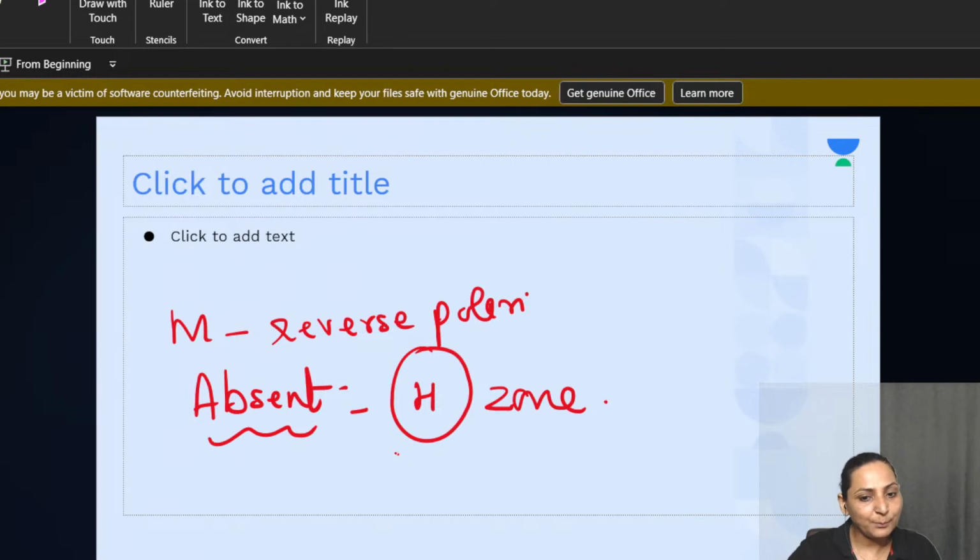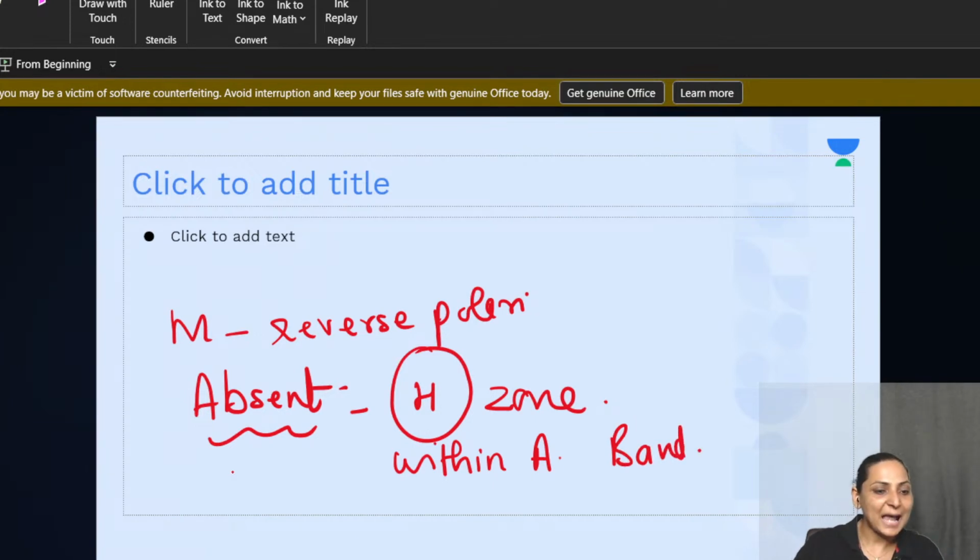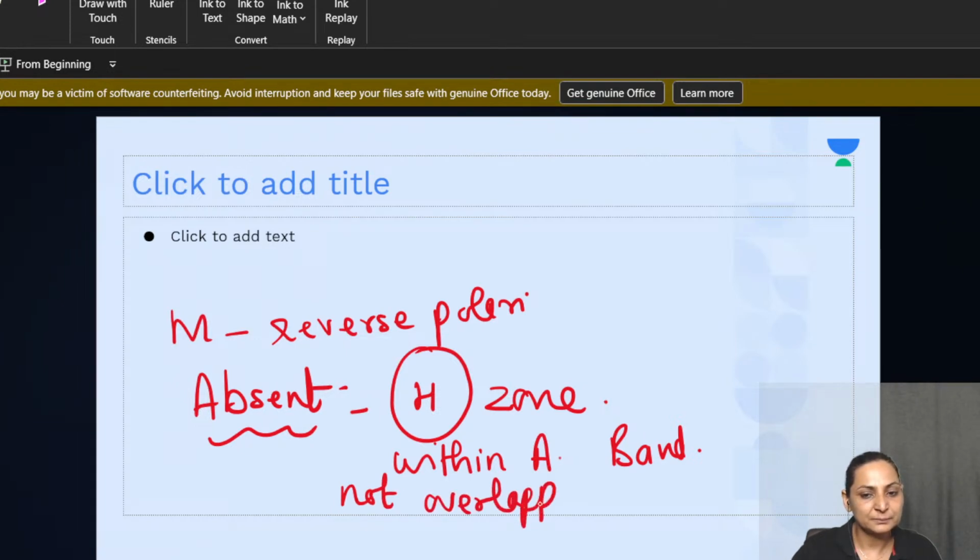H zone is that portion within the A band where the actin and myosin are not overlapping at rest. So when the muscle contracts, the actin and myosin will overlap, and as they overlap, the H zone will disappear. So this becomes very important as far as the H zone is concerned.